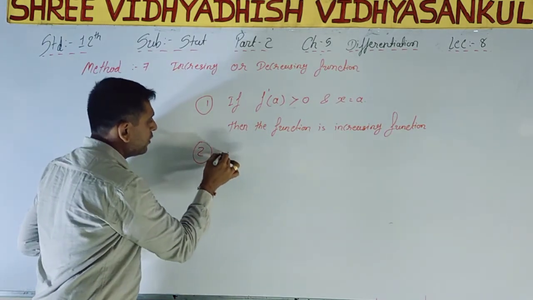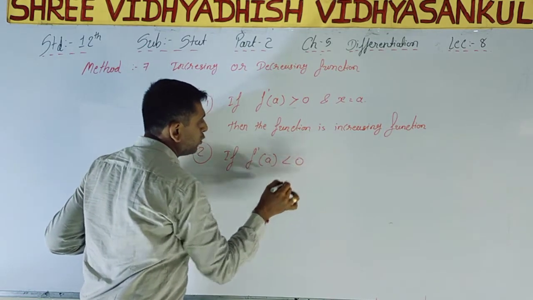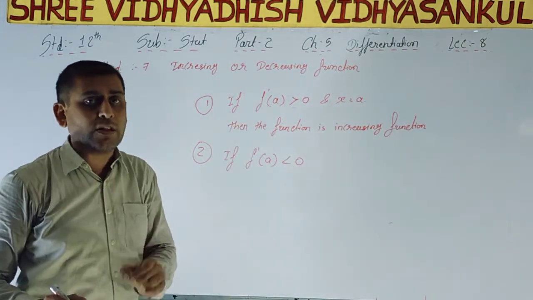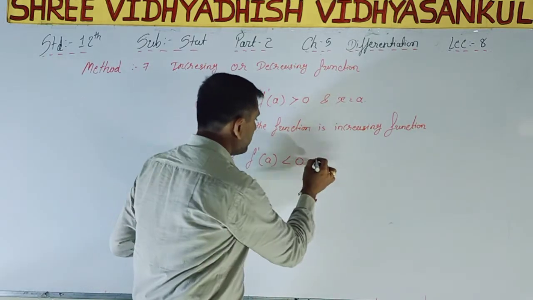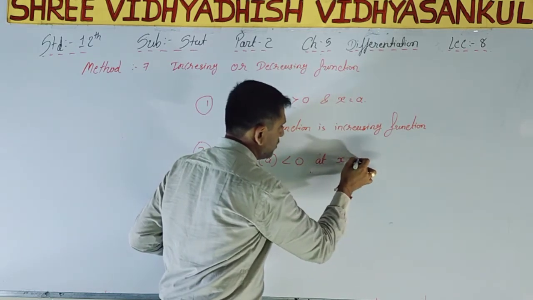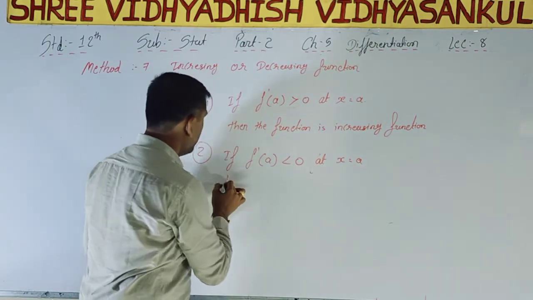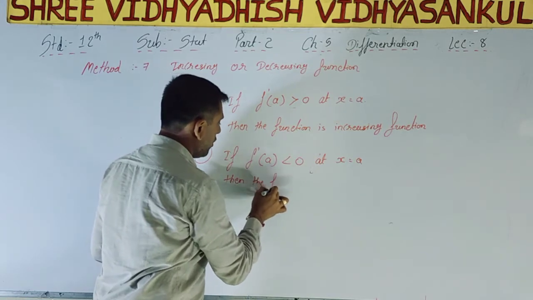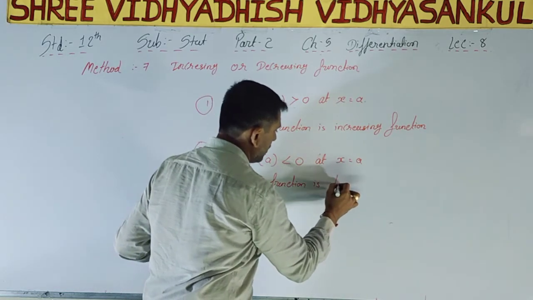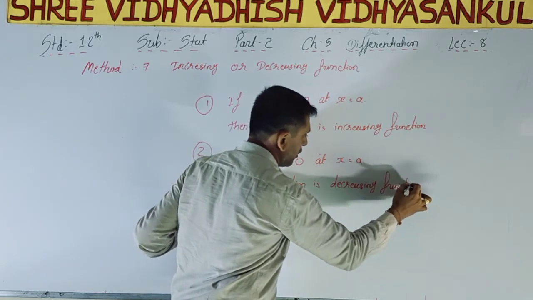Second rule: if f dash a is less than 0, that means the first differentiation when we put the value x is equal to a, then the function is a decreasing function.